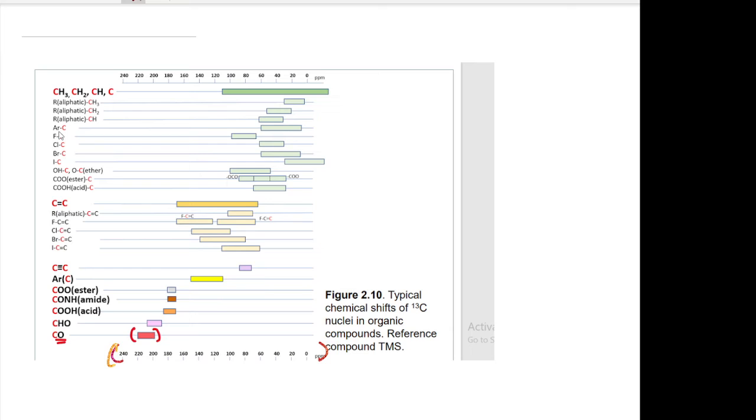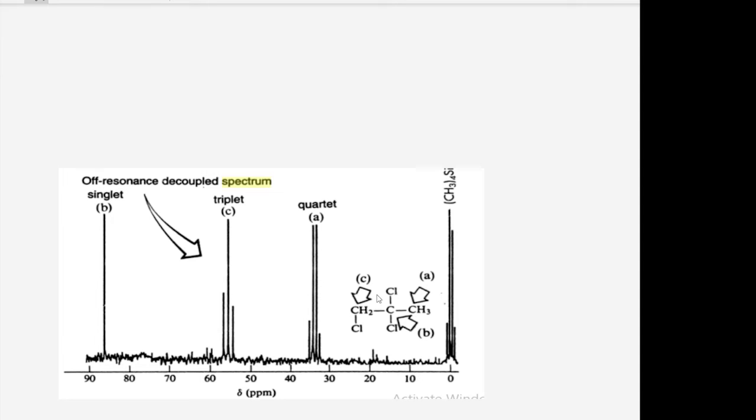So this is an off resonance decoupled spectrum. I have already told you that in the off resonance decoupled spectrum there is splitting. So first of all you have to look at the structure. This is the structure. Let me change my pen color.